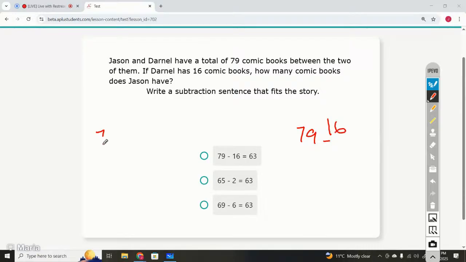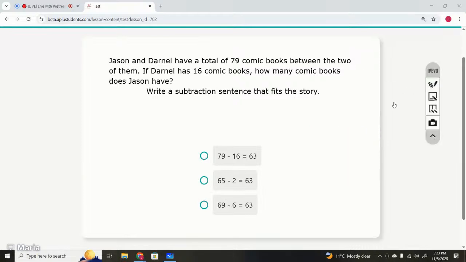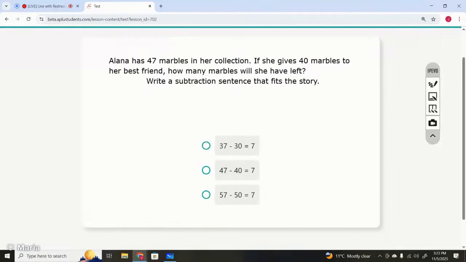That is 79 minus 16. 9 minus 6 is 3. 7 minus 1 is 6. So that is 63. Option number 1 is the correct option. 79 minus 16 equals 63.